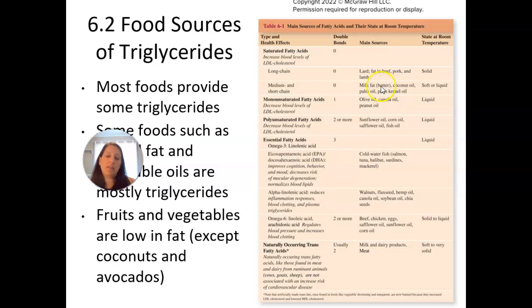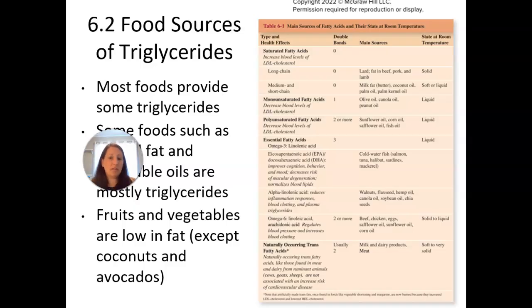These types of fats tend to be softer, and some of them, like palm and palm kernel oil, tend to be liquid at room temperature. And so, are these good for you or not? Again, it's pretty nuanced. With coconut oil, for example, you can get coconut oil that is liquid at room temperature or a soft semi-solid.